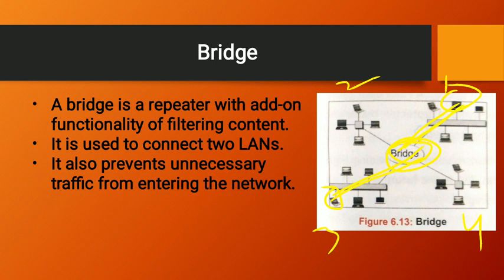It also prevents unnecessary traffic from entering the network. Means any other network cannot come directly and add into this network. If only 4 networks are added with the bridge, then only those 4 can access the data. If any other computer or network wants to join, it cannot join.